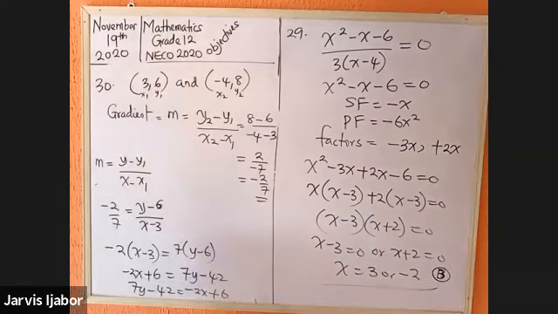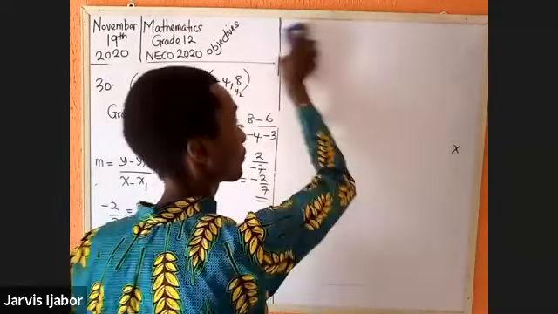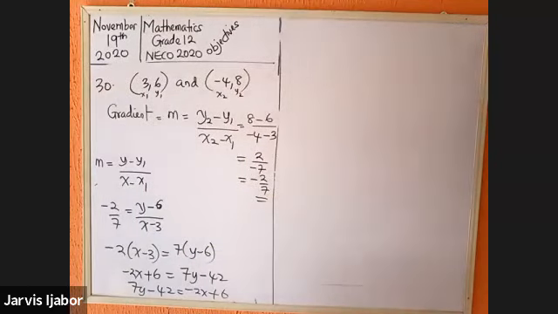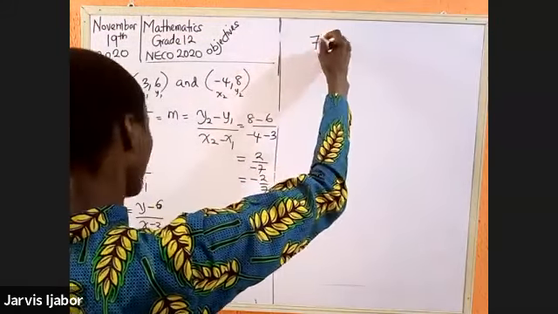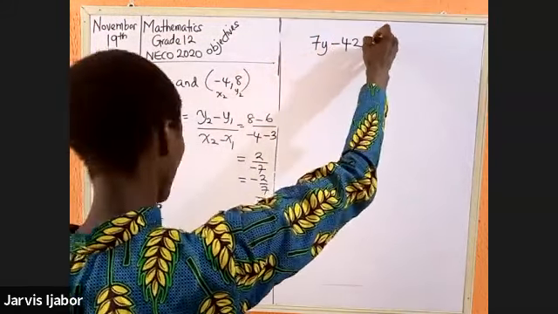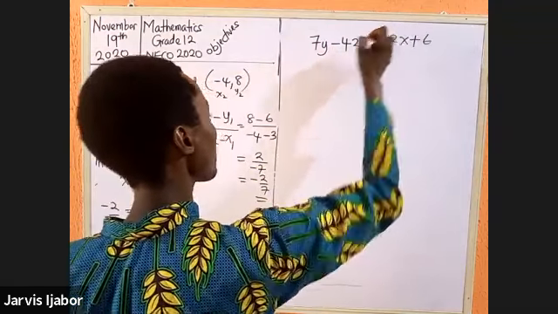What I've done is to rewrite. So 7y minus 42 is equal to -2x plus 6.